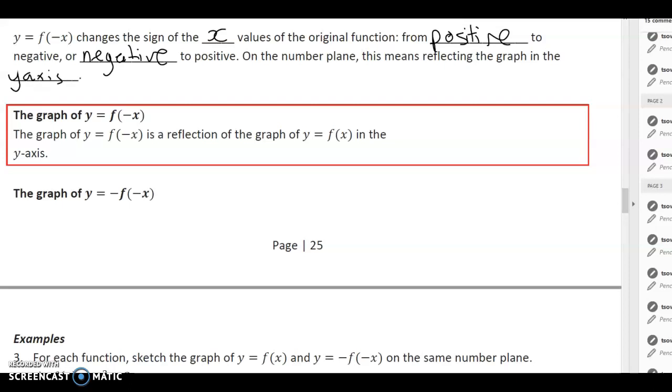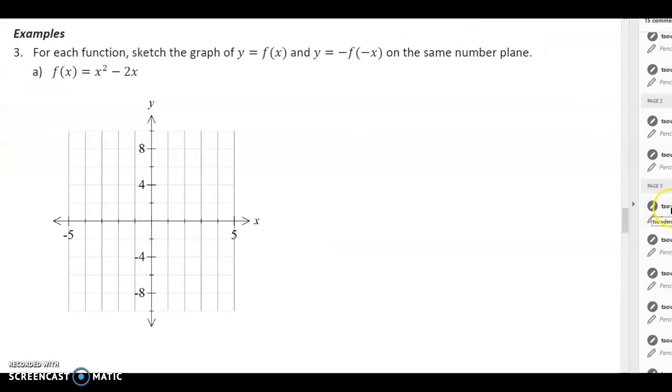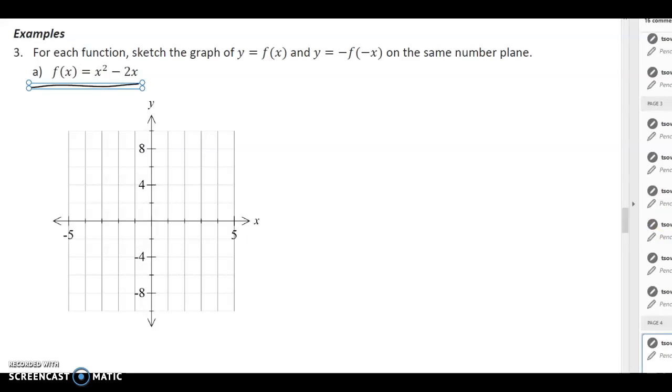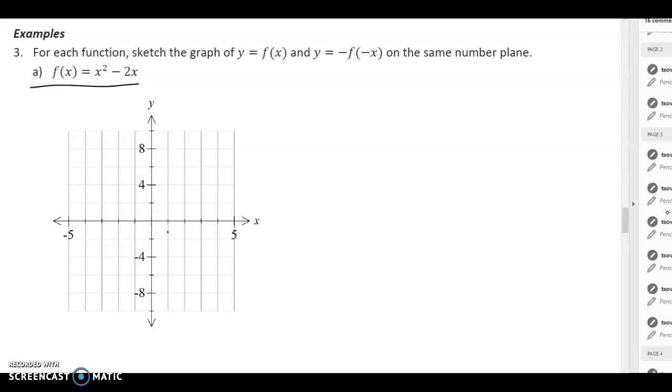Okay, the last one we're going to look at is the graph of y equals minus f of minus x. Well, if we remember this function that we had earlier when we were looking at minus f of x, we saw that we had this function here that had these different points.